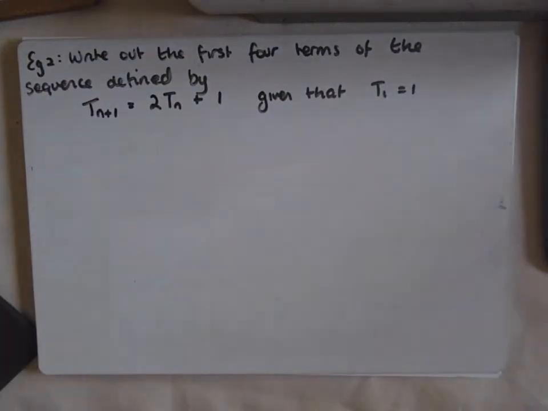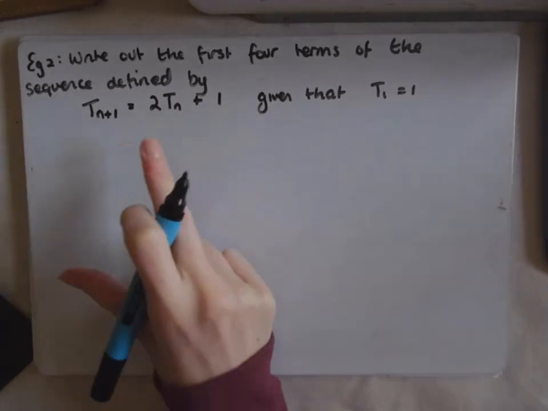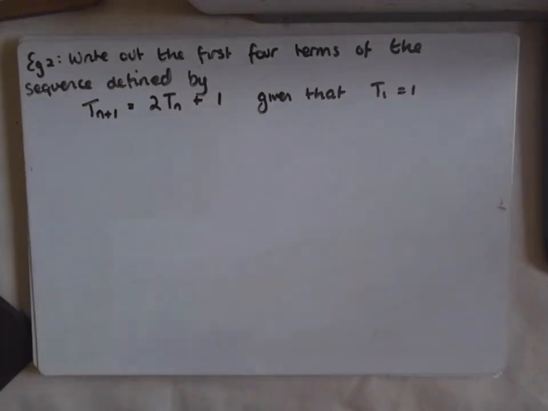Okay, write out the first 4 terms of the sequence defined by t of n plus 1 is 2 times tn plus 1. So to get the next term, you do 2 times the previous term and then you add on 1.